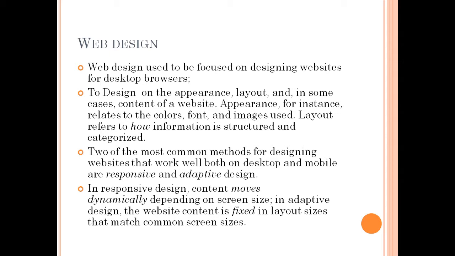So they have to be responsive and adaptive design. Responsive and adaptive in the sense it has to adapt to the size of the device a user is using, and it has to be responsive with the same devices. Now in responsive design, the content moves dynamically depending on the screen size. And in adaptive design, the design is fixed and in layout sizes that matches common screen sizes.